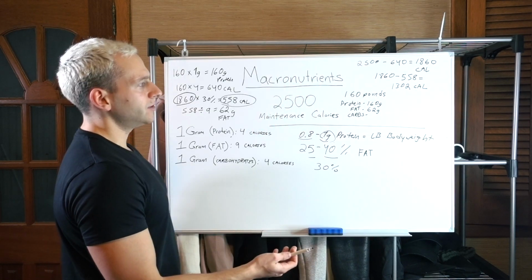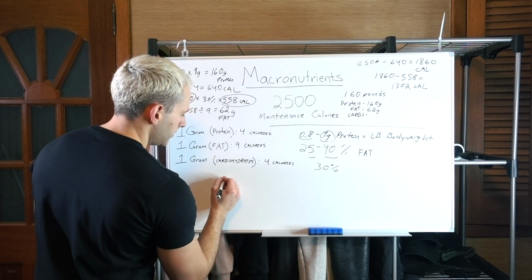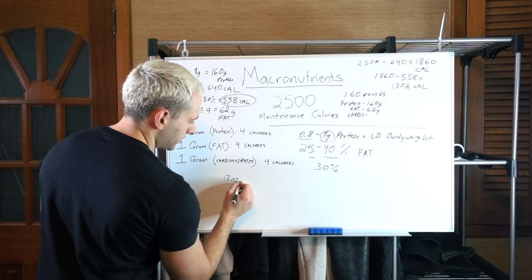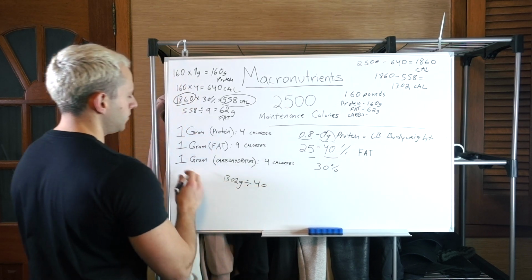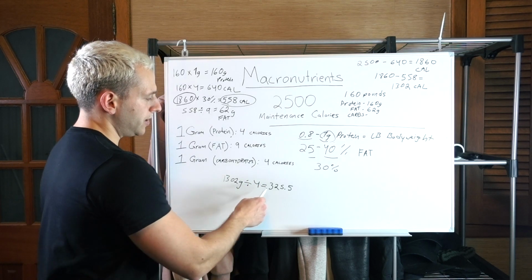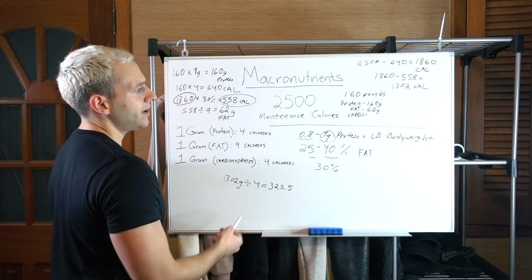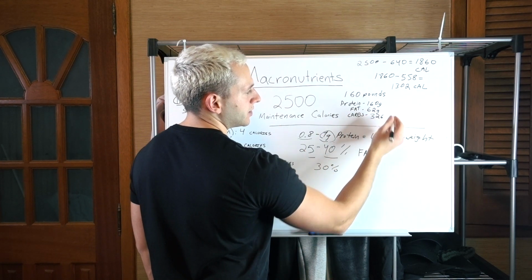So now all we have to do is find out how many carbs. So 1,302 is the remaining amount of calories we have left to use, and we're going to divide that by 4 because 1 gram of carbohydrate is 4 calories, and it's going to equal 325.5, and we're going to round that to the nearest whole, which is 326 grams of carbs.